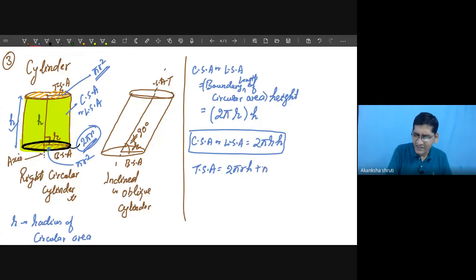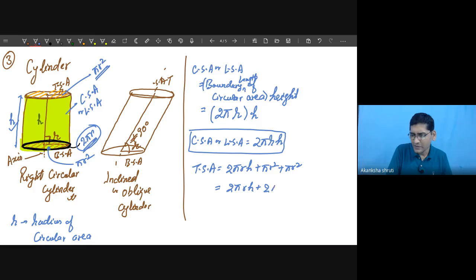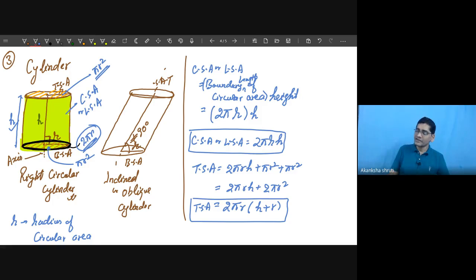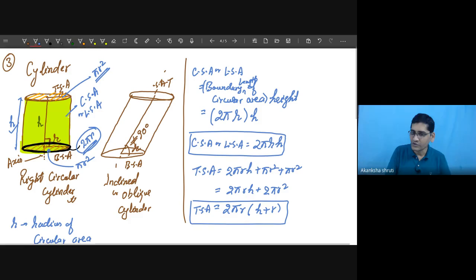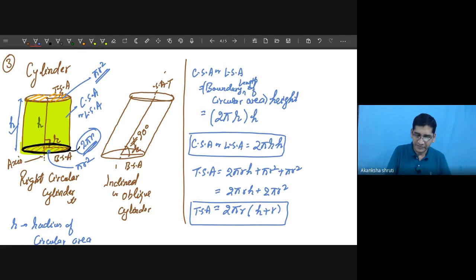So TSA is twice pi r h plus twice pi r square. Taking 2 pi r common, it becomes 2 pi r times h plus r. This is the formula for TSA. These formulas are very simple. You just have to understand how we are calculating them. No need to mug up.